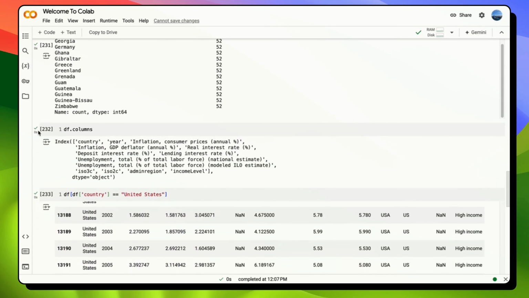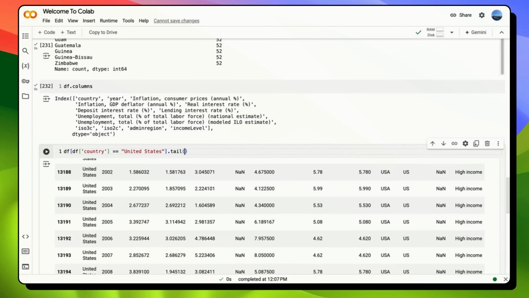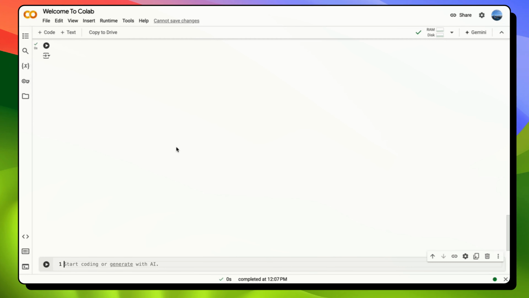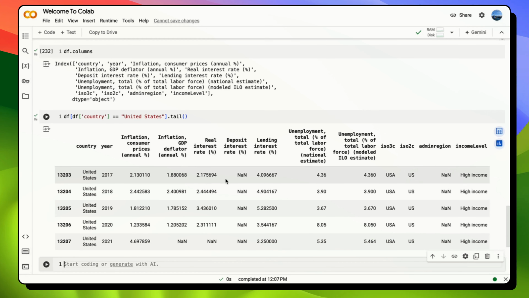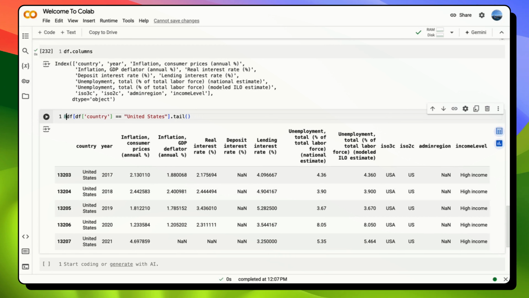I'm going to be focusing on the latest data, '17 to '21.